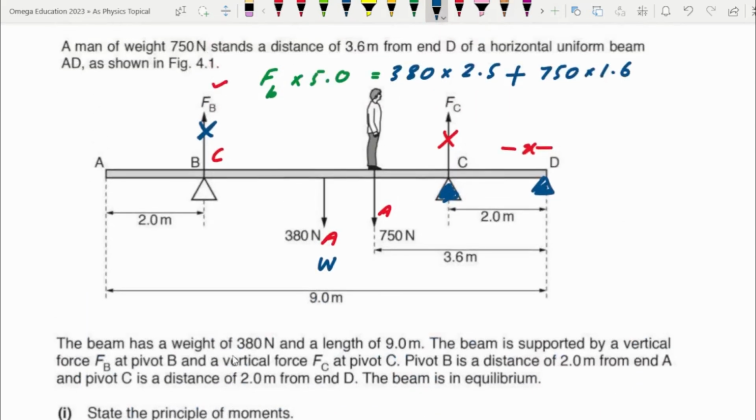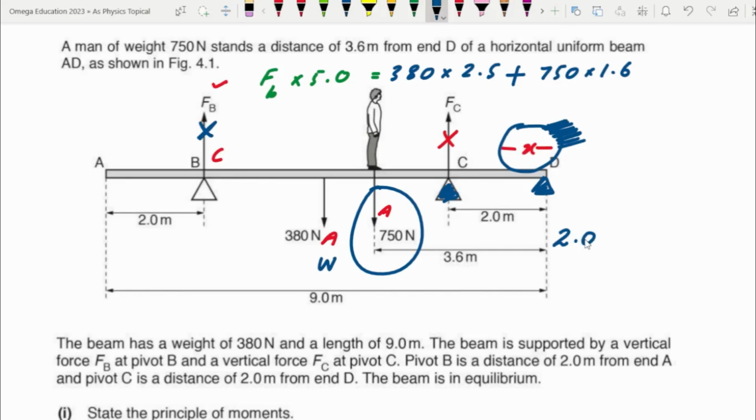We're not sure about the perpendicular distance of the 750 force from the pivot because the value of x needs to be found out. What we know is we need to get this person as close to the point D as possible, and the perpendicular distance of this 750 force from the pivot would be 2.0 minus this minimum distance, because this minimum distance has to be there, otherwise the beam would tip over.